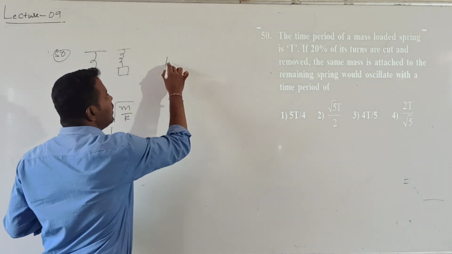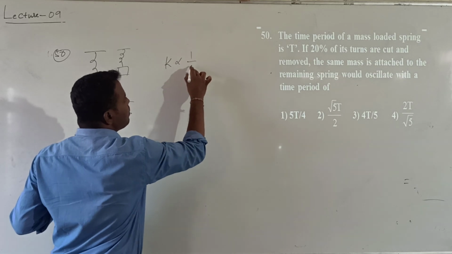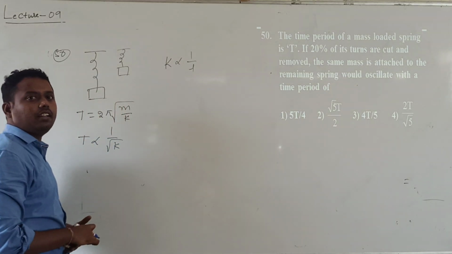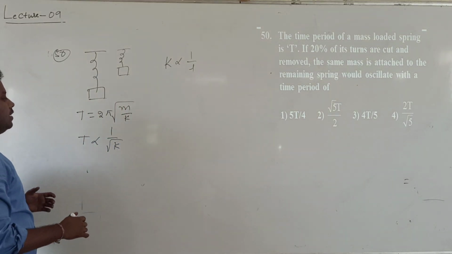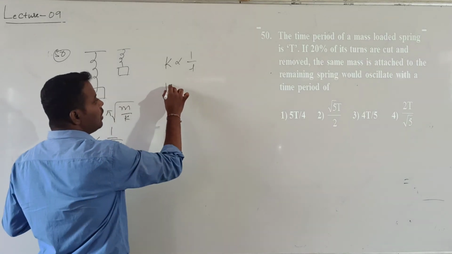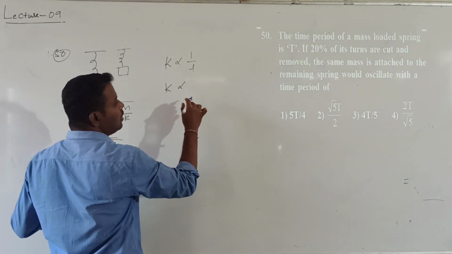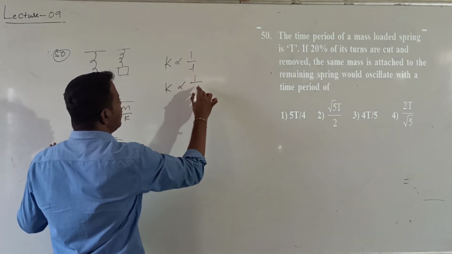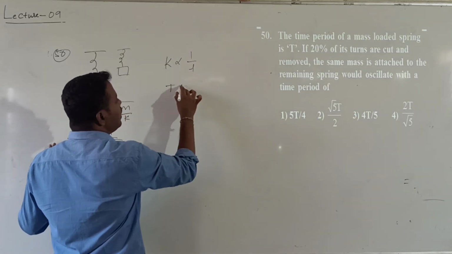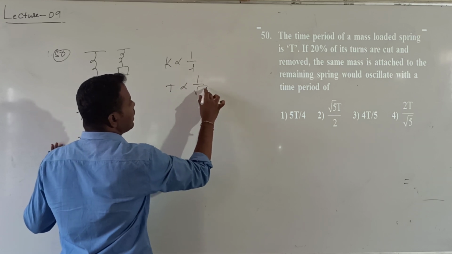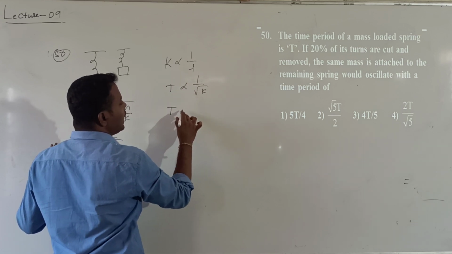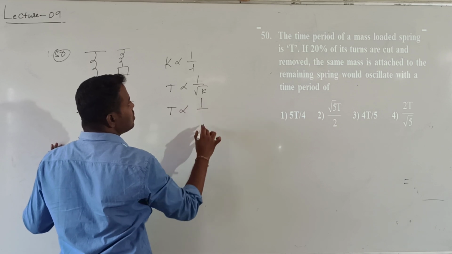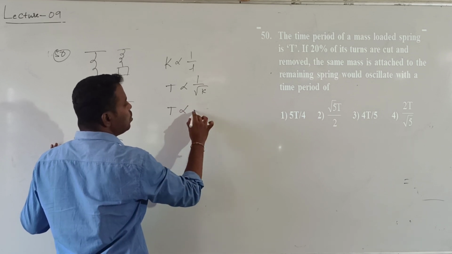But we know that spring constant is inversely proportional to length. So the time period is inversely proportional to root k, and from this I can write T is directly proportional to root L.